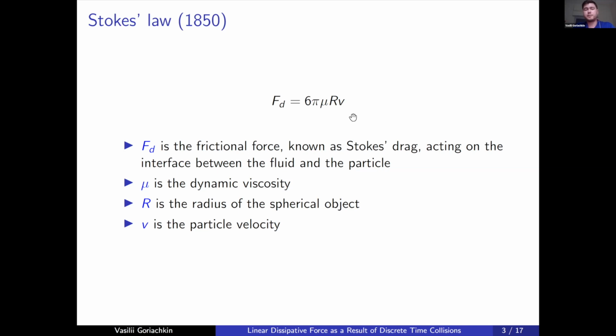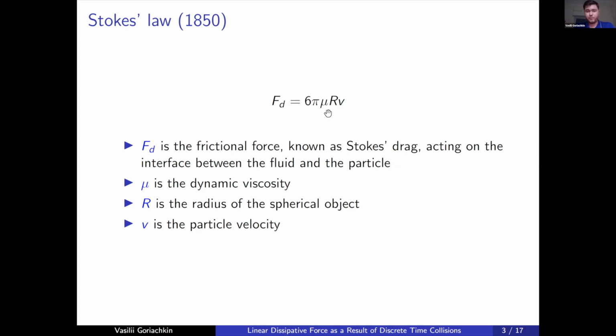In this problem, we assume that the particle is just a ball in three-dimensional space with radius r, and it moves through some fluid with dynamic viscosity mu, everything multiplied by 6 times pi.